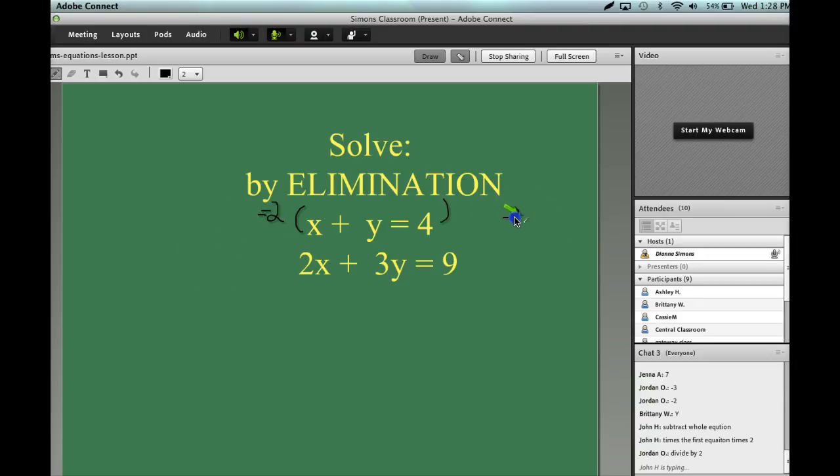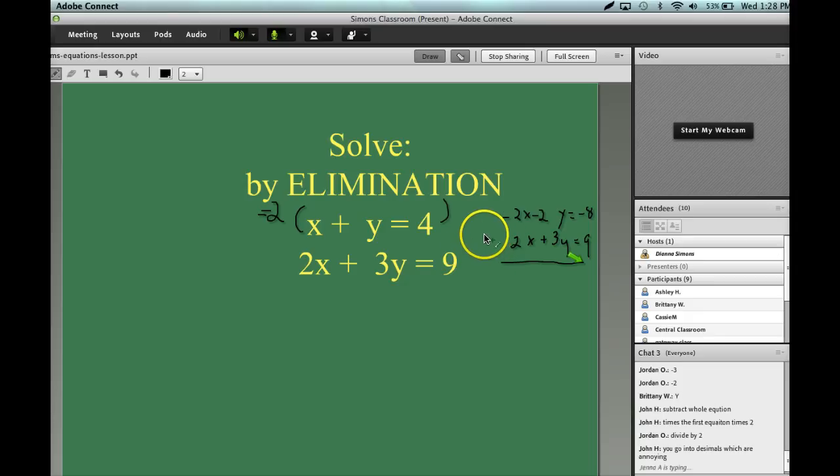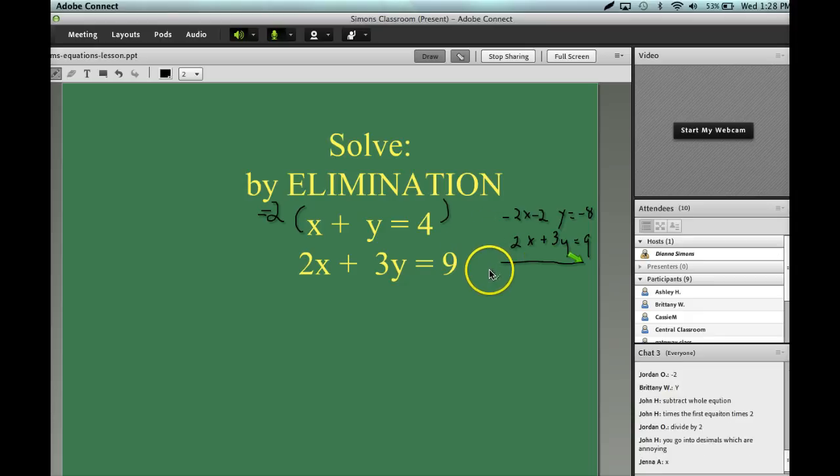Then I'd get -2x minus 2y is equal to -8, and I'd have 2x plus 3y is equal to 9. Does that make sense? Yes. What would I do now? Which variable do you want to eliminate? X.